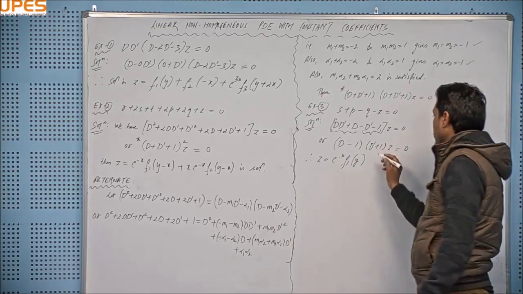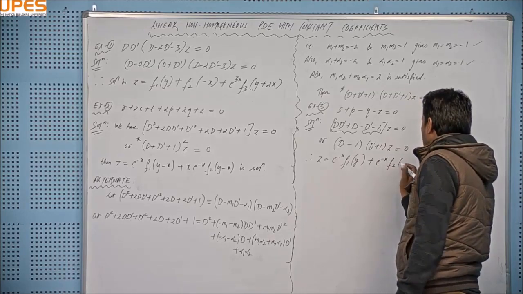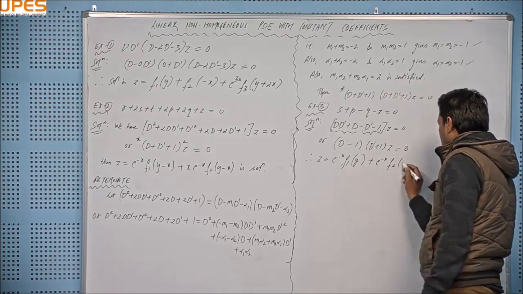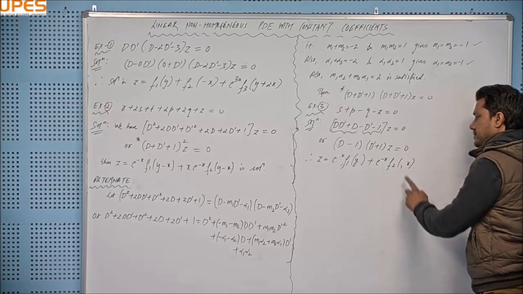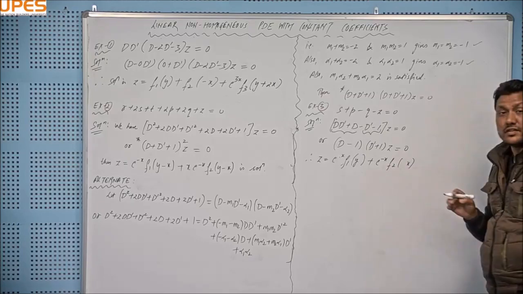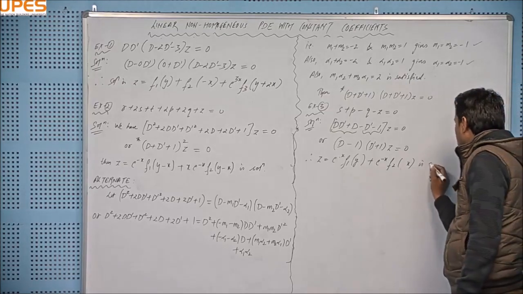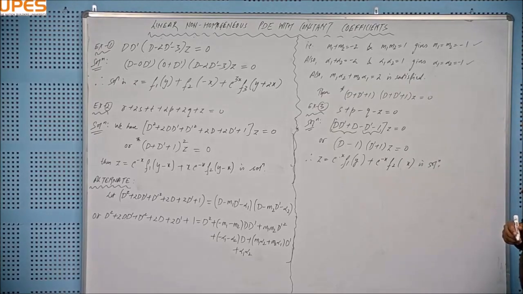And for this one e to the power minus x, f2, and y is absent, means D is absent, and then minus x, or you can write it as plus x, no problem, because f2 is an arbitrary function. So this is the solution.